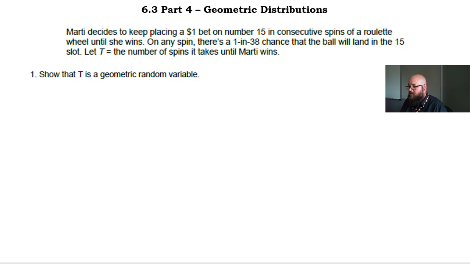On any spin, there is a 1 in 38 chance that the ball will land in the 15 slot. Let T equal the number of spins it takes until Marty wins. Show that T is a geometric random variable.